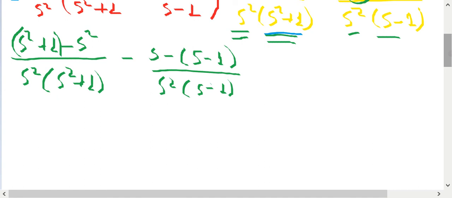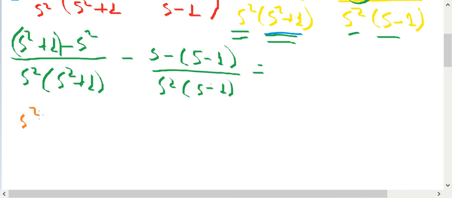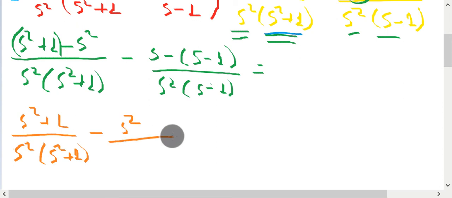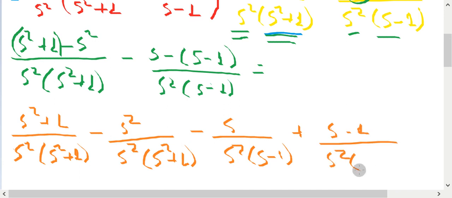Now we can open this numerator in two parts. That will be s squared plus 1 over s squared times s squared plus 1, minus s squared over s squared times s squared plus 1, minus s over s squared times s minus 1 plus s minus 1 over s squared times s minus 1.